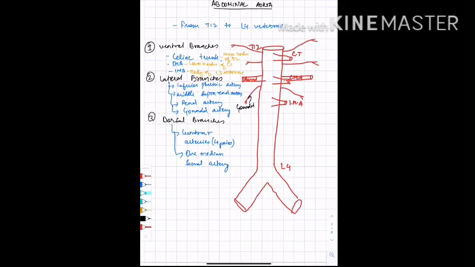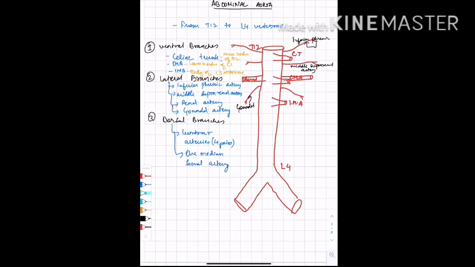This is the renal artery, I have already told you. This is the middle suprarenal. This is inferior phrenic. Okay, clear? Now coming on to the dorsal branches.